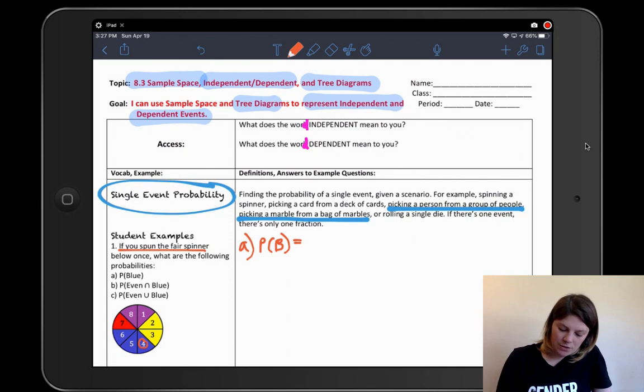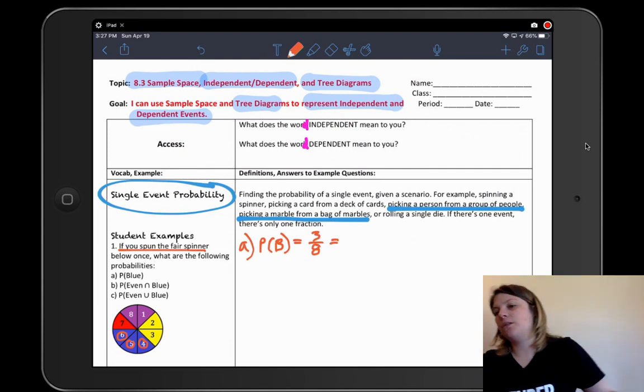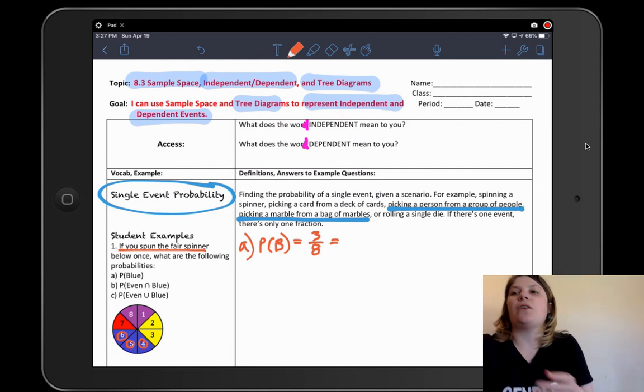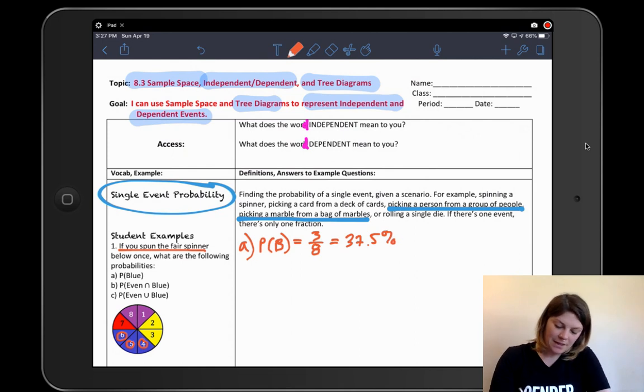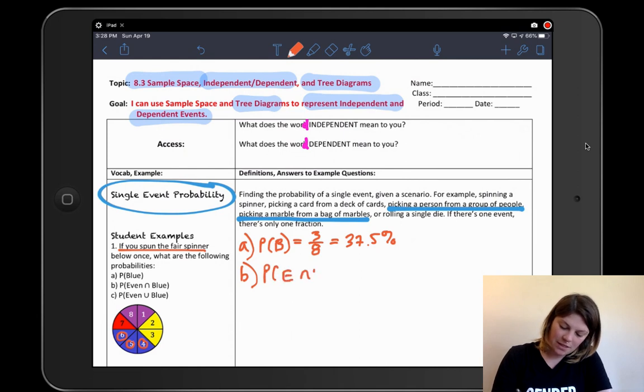Well, there's 1, 2, 3 out of 8, so it's just 3 out of 8, which is 37.5%, I believe. 37.5%.